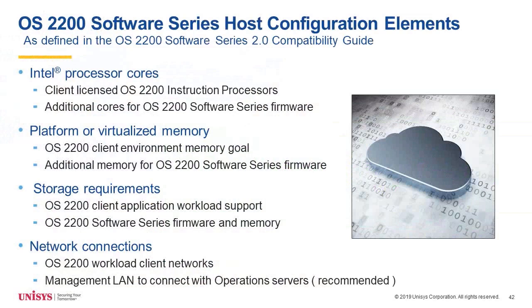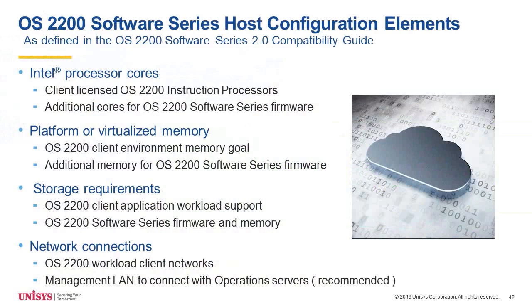You need to assign a number of Intel processor cores, specifically for each of the IPs that are licensed within the software series implementation. And you'll find that there will be additional cores that are needed to run the firmware. As we go through this list, that'll be the fairly constant thing with these topics: there will be specific capacities that are needed for OS 2200 processing, as well as what the firmware itself will be utilizing.